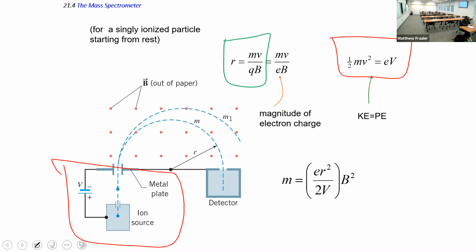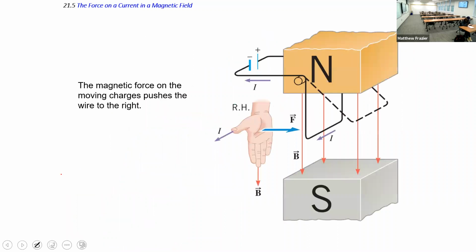But all of this comes from the fact that these charges feel some force when they're moving through a magnetic field. So there are other charges that move through a magnetic field. This was the last thing I mentioned in the last class: currents are charges that are moving.